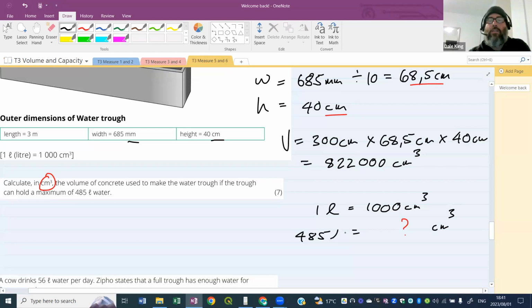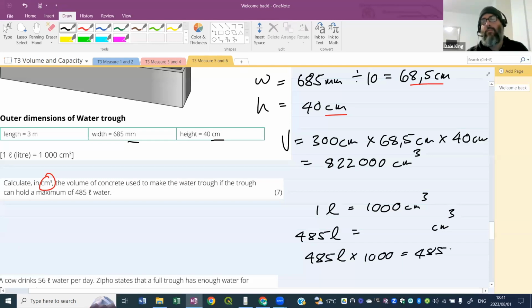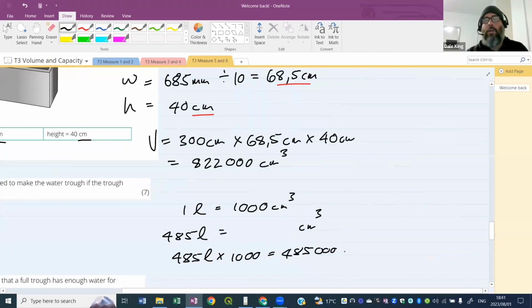So we say 485 times 1,000, which gives us 485,000 centimeters cubed.